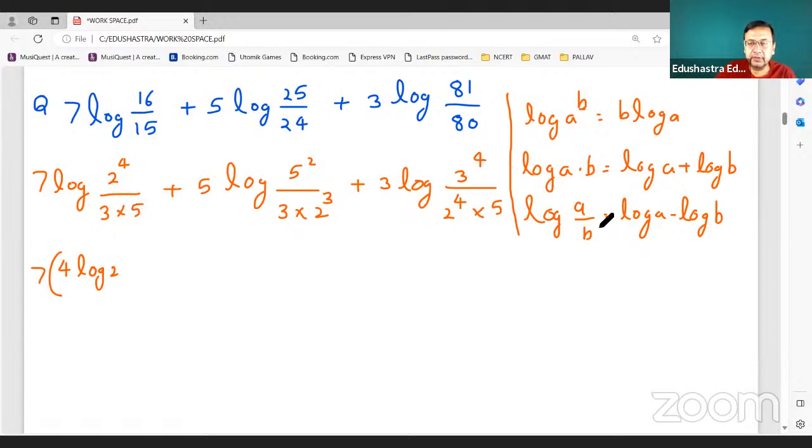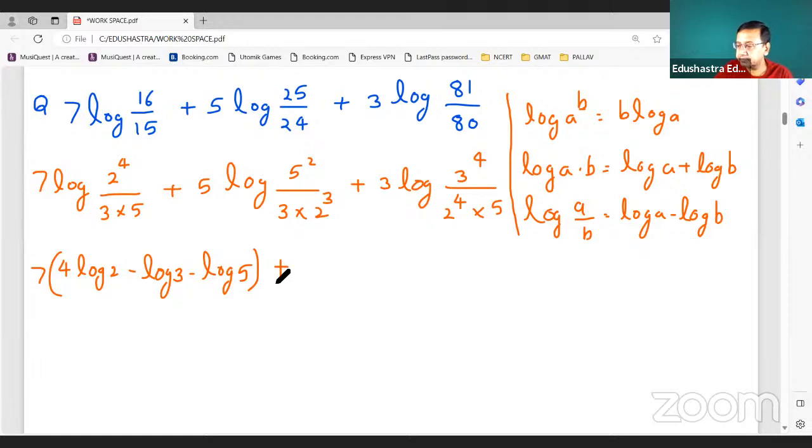So 3 into 5 is log A plus log B. But this is in denominator, and when you're taking it into the numerator, this will be in a negative sign. So this is minus log 3 minus log 5, right? This is your first expression. Done.